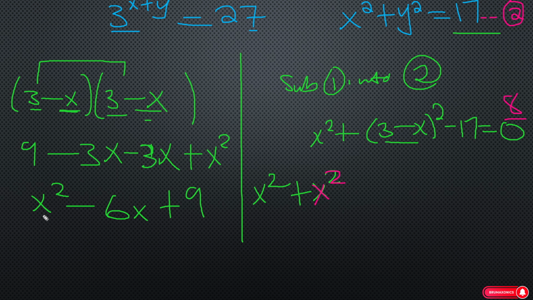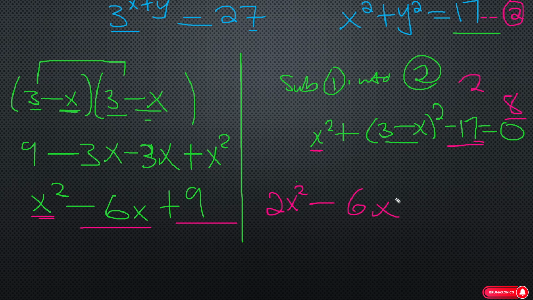So instead of squandering our time, let's just go straight and say this one and this one will be 2x squared, and then negative 6x will definitely be a negative 6x because we don't have any other x equivalent variable, and then this and this, and then we'll be left with 2, then 8. So we are going to have our negative 8, which is equal to 0.